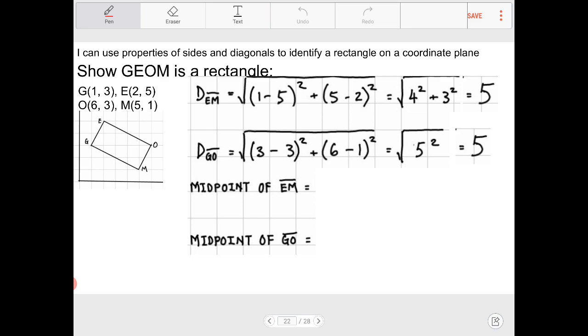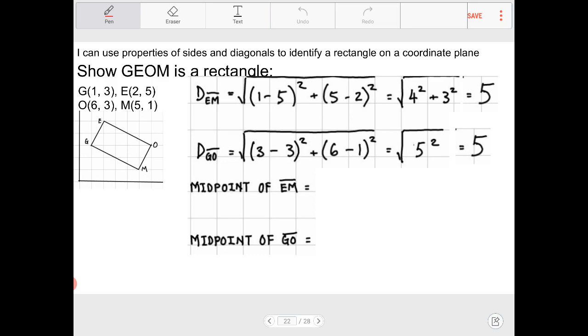Of course not. You could have also just counted what the length of GO was by counting the number of boxes on the coordinate grid. For EM, however, it does require you to form that right triangle and to use the Pythagorean theorem, but regardless, you should be able to arrive at the same conclusion, whichever method you'd like, either counting or using the Pythagorean theorem.